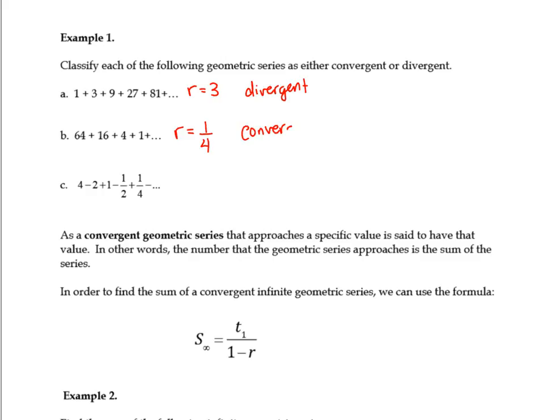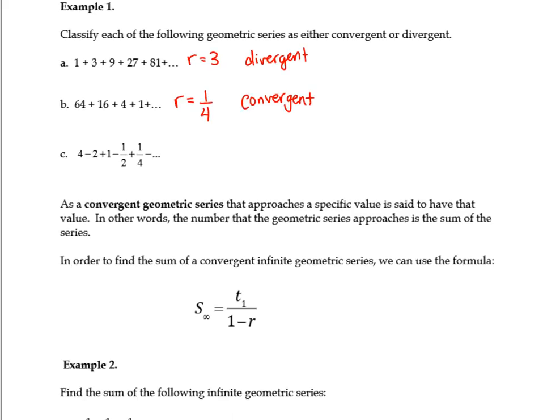So we can actually find the infinite sum for that series. Next one, what's your common ratio? Term 2 divided by term 1. What does that reduce to? -1/2. Convergent or divergent? Convergent. So the infinite sum exists.